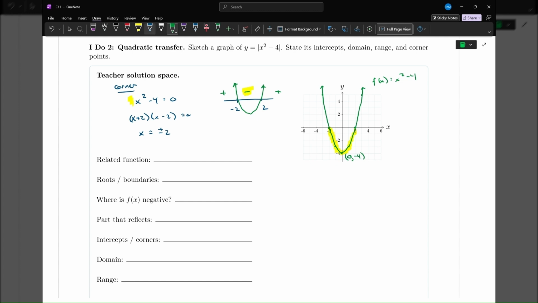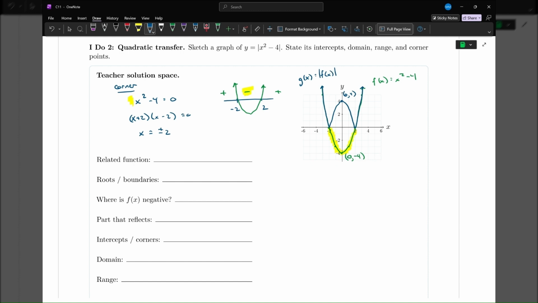So 0, negative 4 would become 0, positive 4. Every one of those points flips, and if I just connect the dots, I can see it's going to look like that. In blue there, this is what g of x equals absolute value of f of x is going to look like.